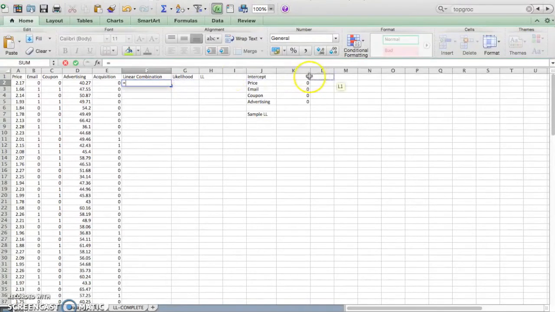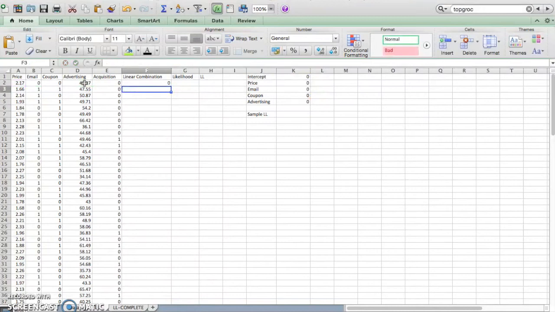The equation is the intercept, Command T for absolute value, plus the effect of price, which will be the coefficient times the price offered to that customer, plus the effect of whether or not an email was sent, plus the effect of whether or not a coupon was sent, plus the effect of units of advertising for that specific customer.